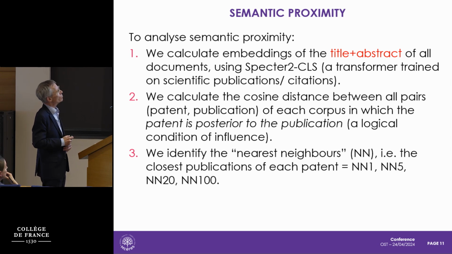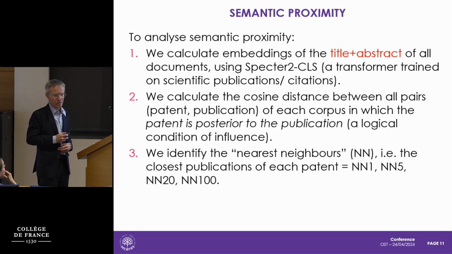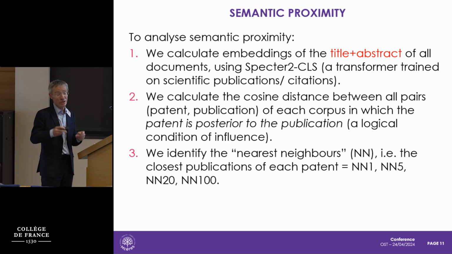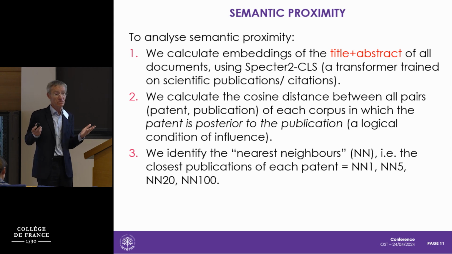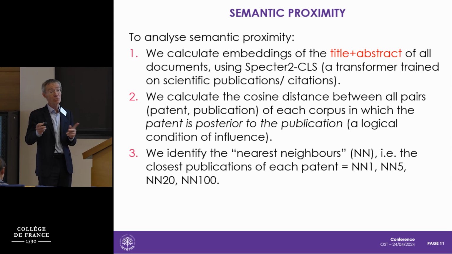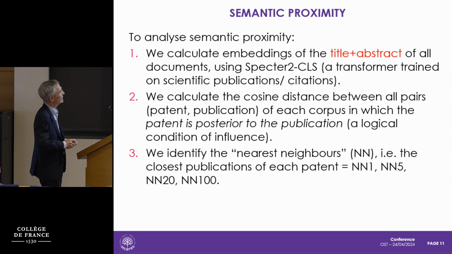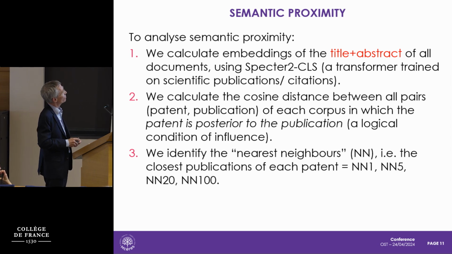So what we did, as I mentioned, we used the title and abstract of each document, which is the standard approach nowadays, because it is not too long and it is sufficiently informative. Although we will see that can raise certain problems.